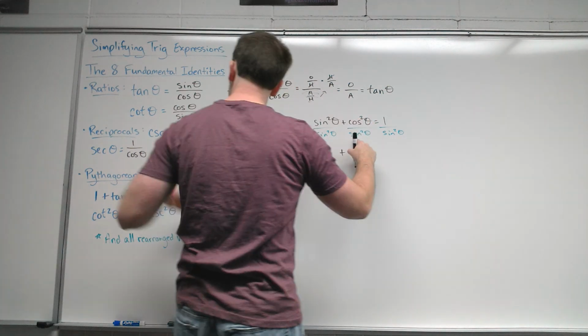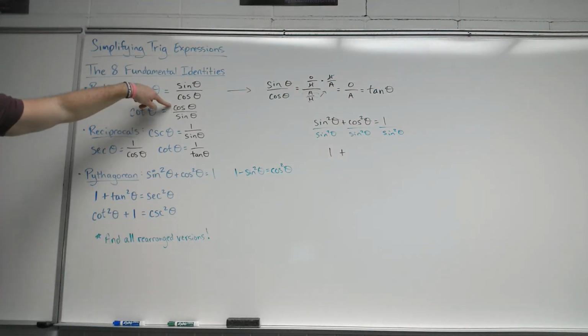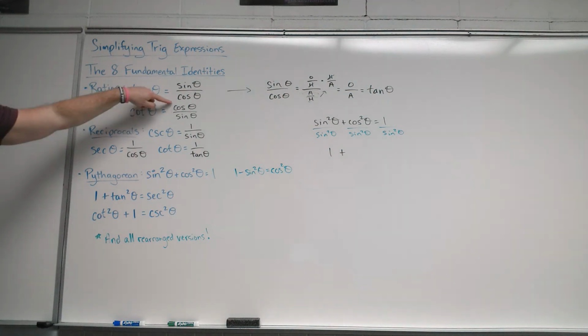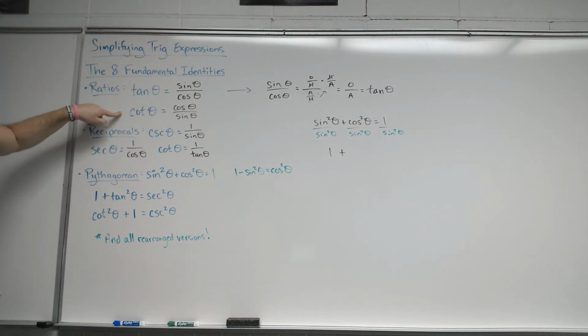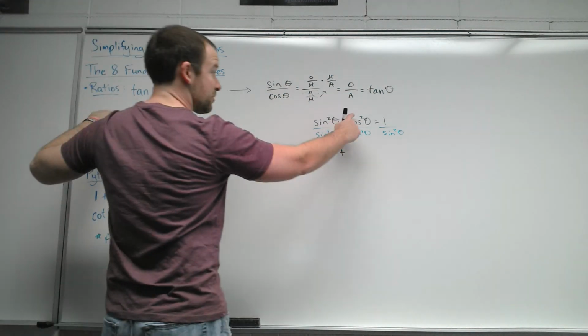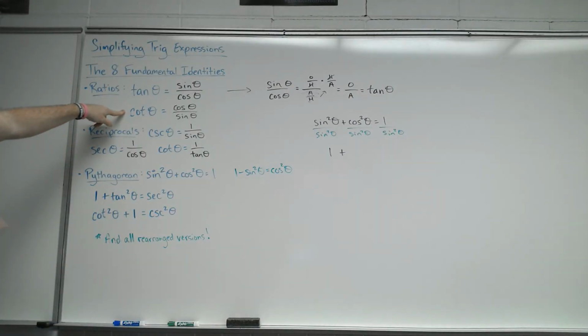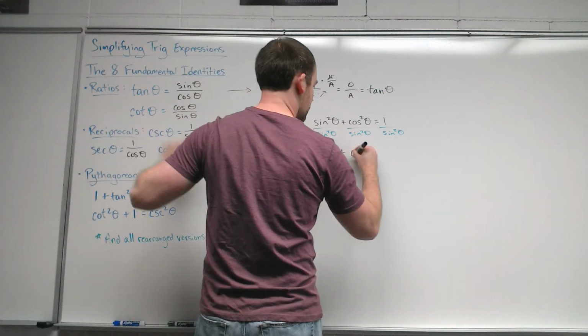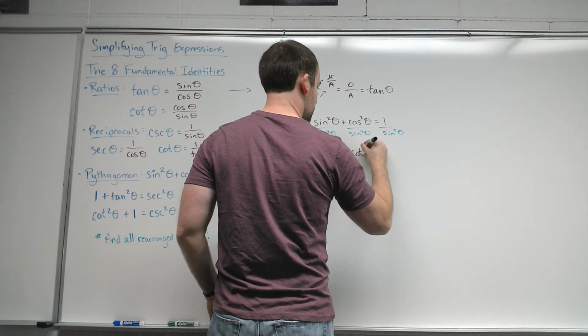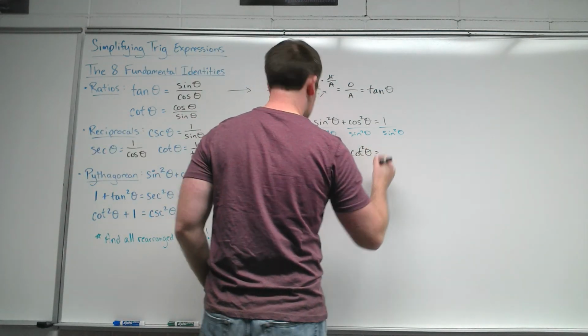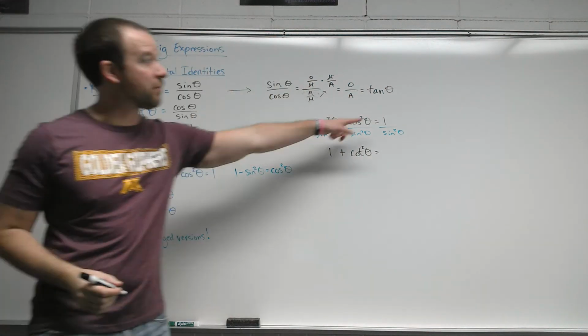Cosine divided by sine, well, that's an identity we just had right here, so we're already using one of these identities. Cosine divided by sine is just cotangent. So cosine squared divided by sine squared would just be cotangent squared because you'd have 2 of them. 1 plus cotangent squared. Okay. 1 over sine squared.